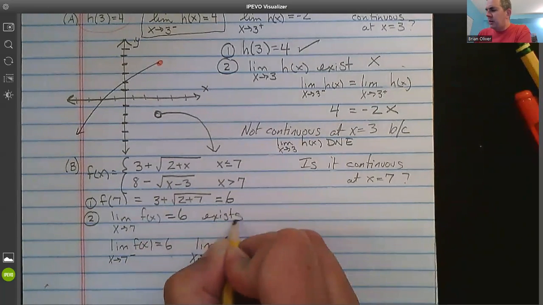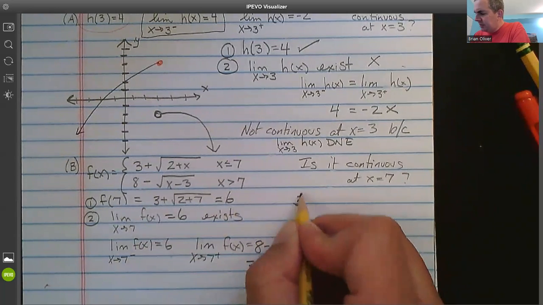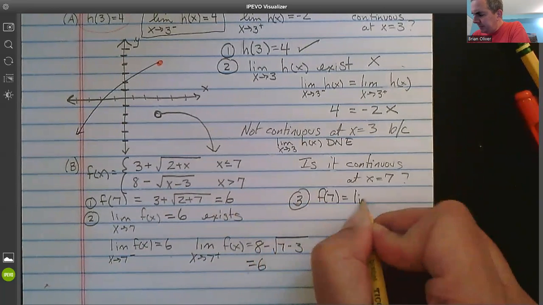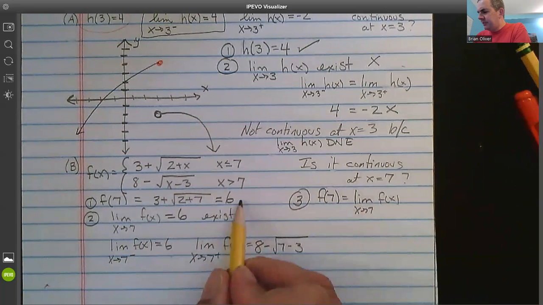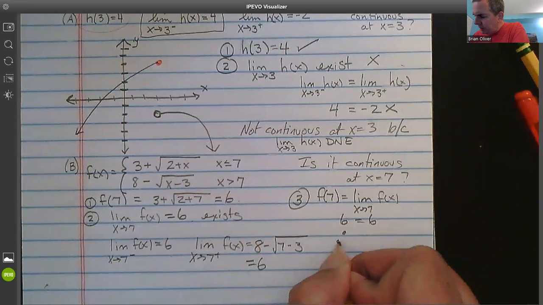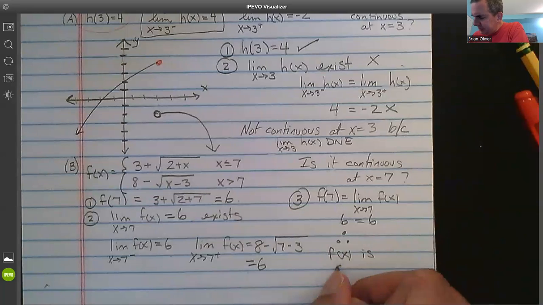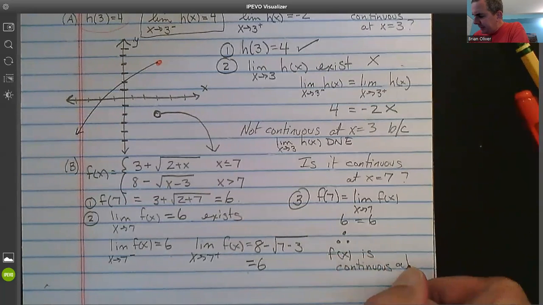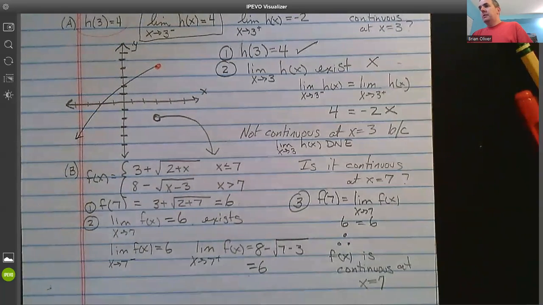So we've now confirmed 2 of the 3 things. The last piece is that f of 7 has to equal the limit as x approaches 7 of f of x. Do they give me the same answer? 6 and 6, 6 equals 6. Therefore, f of x is continuous at x equals 7. Okay, so that's our next one.